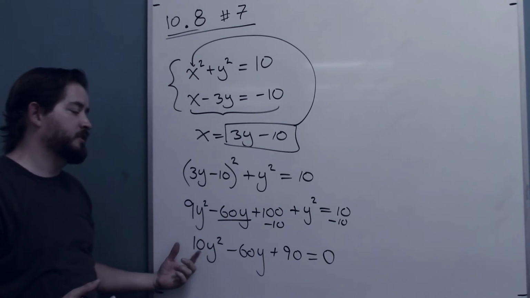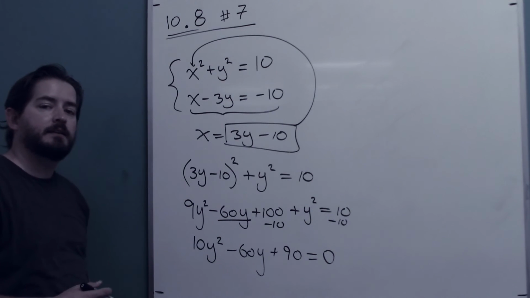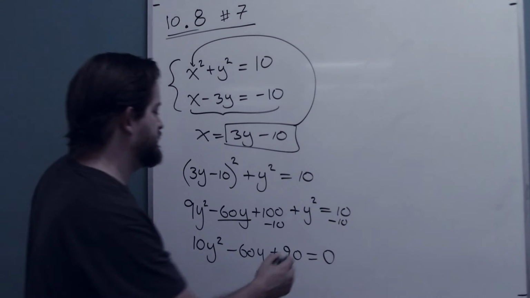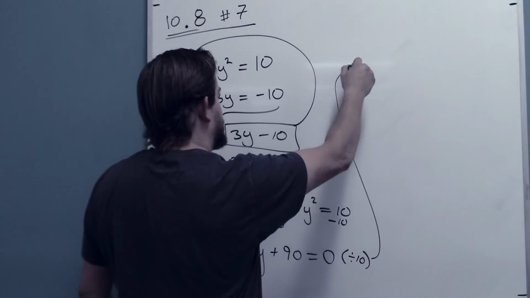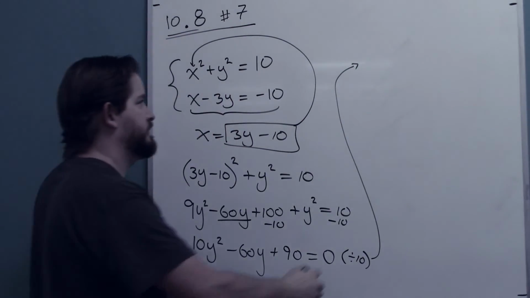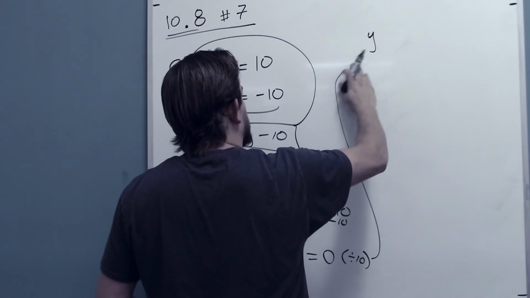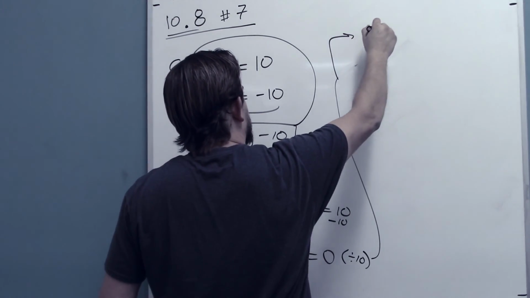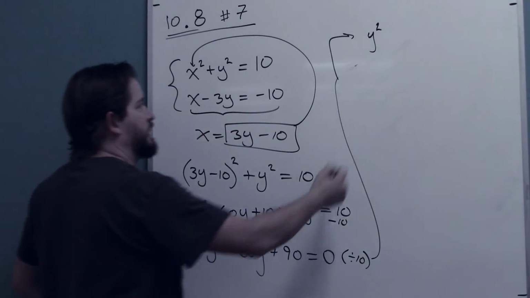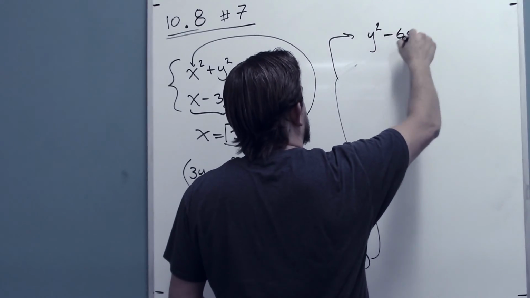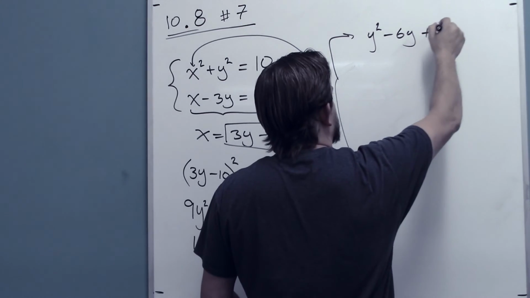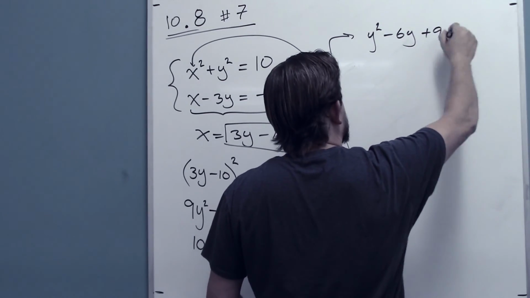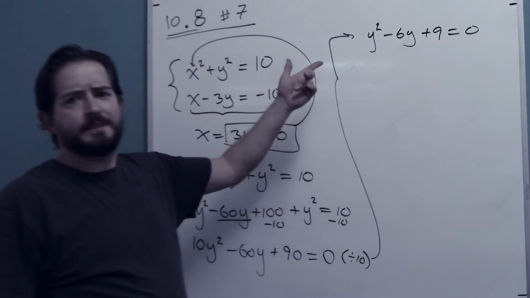And they may be big numbers, but I can divide everything in here by 10. And that gives me y squared minus 6y plus 9 equals 0 still.